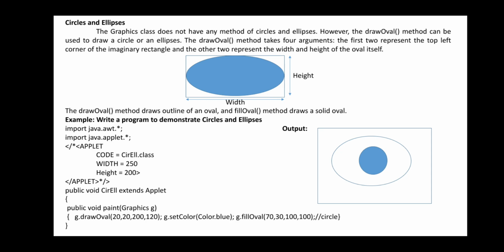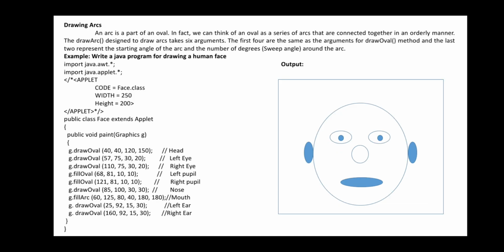So for that sake you have to define that thing in the form of values where pixels will be converted, and when you join the pixels you will have one object, that is nothing but a circle, ellipse as well as arcs.